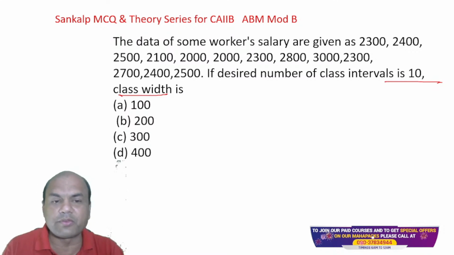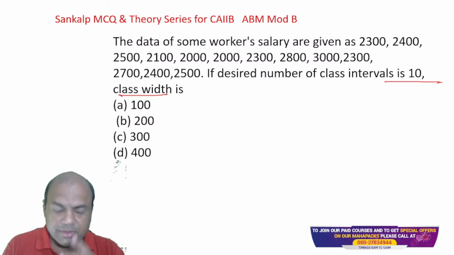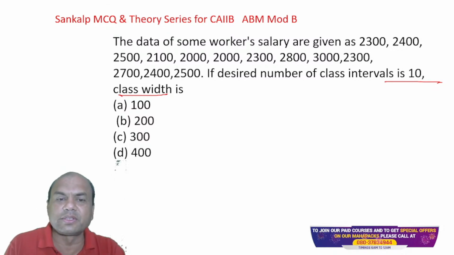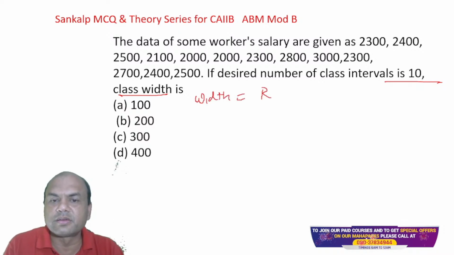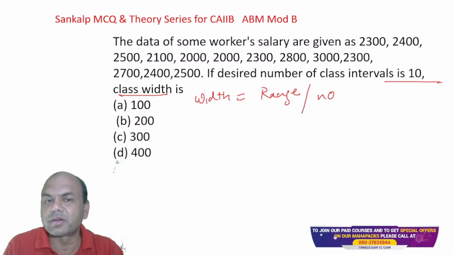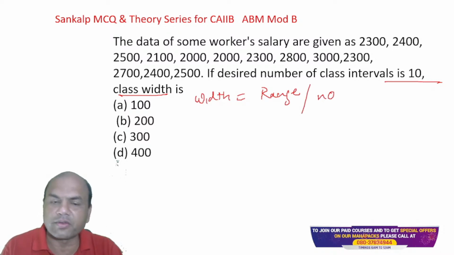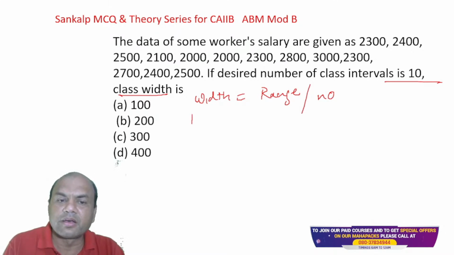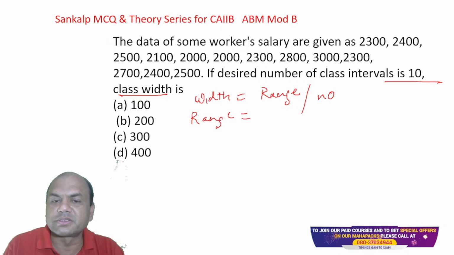Firstly, let me see how many of you are answering this. Suppose it is like this, see, width equals range divided by number. Number means the number of classes, how many intervals are required. What is range? Range equals highest minus lowest. What is the highest one over here?